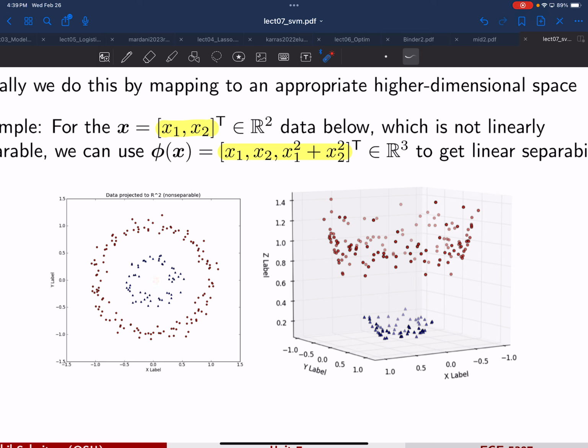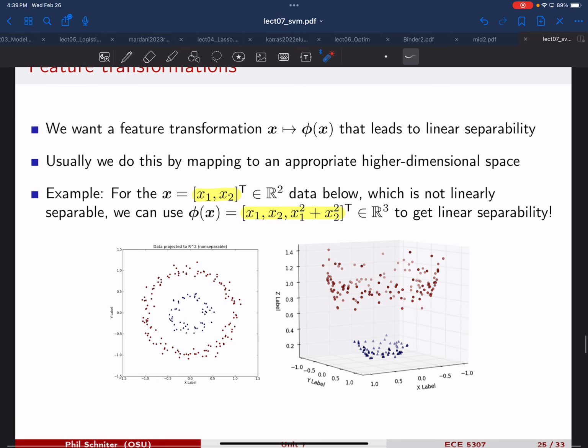When I plot the data according to that third dimension, you can see that all the blue points are close to the origin, so they have small values in that third dimension. The red points are farther from the origin, so they have larger values, and that means I could come up with a plane that perfectly separates my data. Just another example of what we saw before, but a little bit more specific.